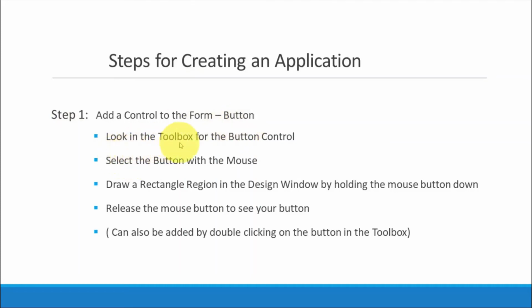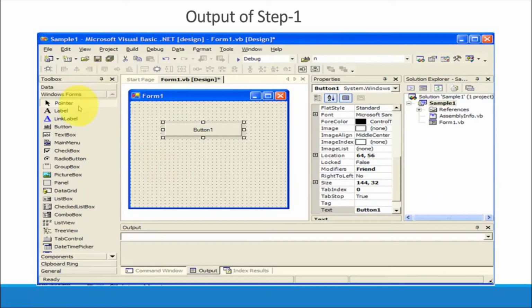Now look in the toolbox. See, this is the button, this is the toolbox, and first of all select the element which has to be dragged into your form. So we selected Button1 here. Here is your button. We drag it. First we'll select the button, then we will drag it to the form.